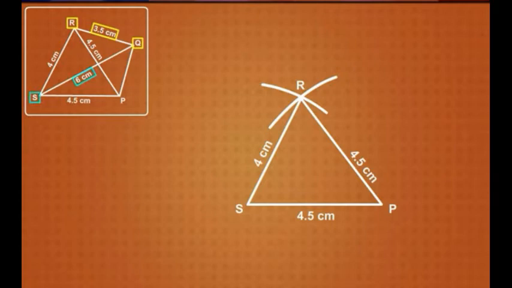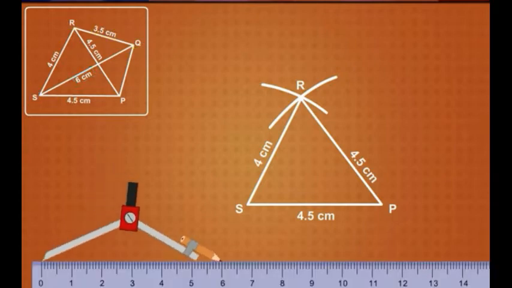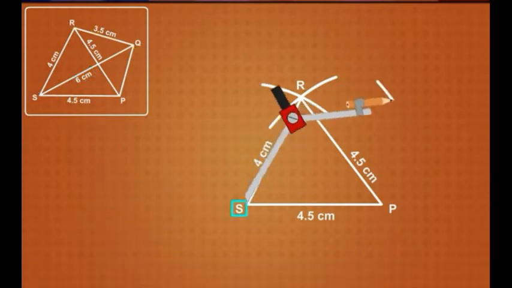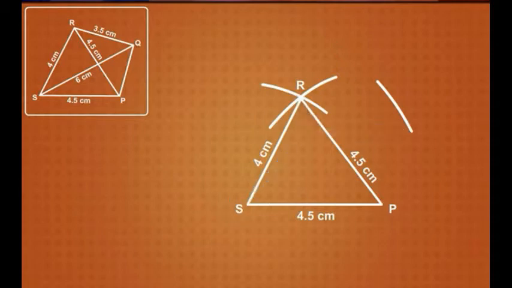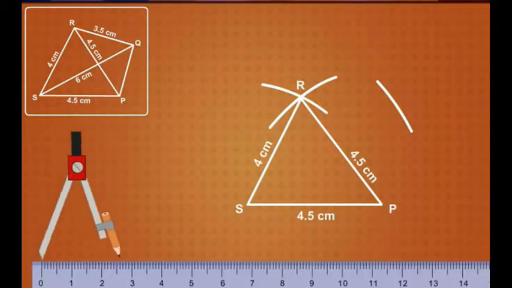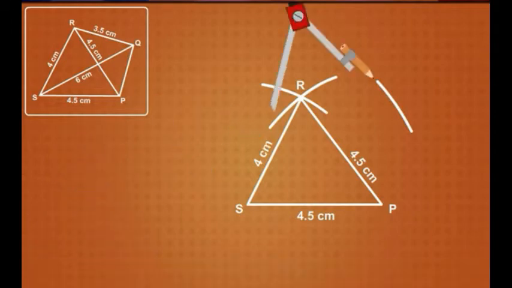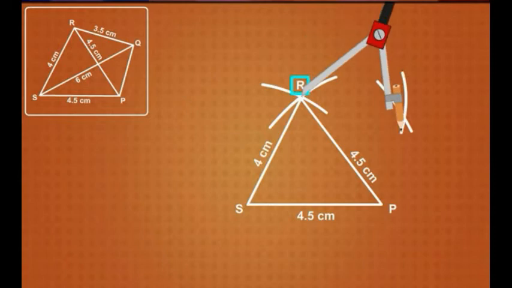Then we will try to locate point Q, which is 3.5 cm from R and 6 cm from S. So from S we will cut an arc of 6 cm. From R we will cut another arc of 3.5 cm and we will name the intersection point of these two arcs as Q, which is our fourth point.